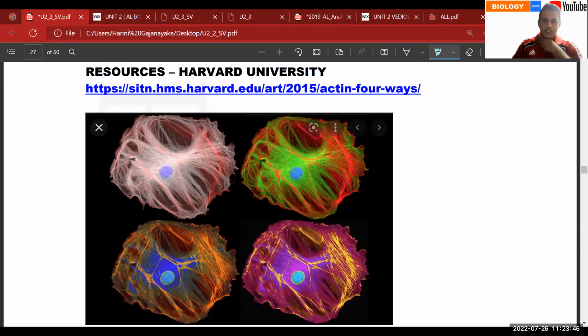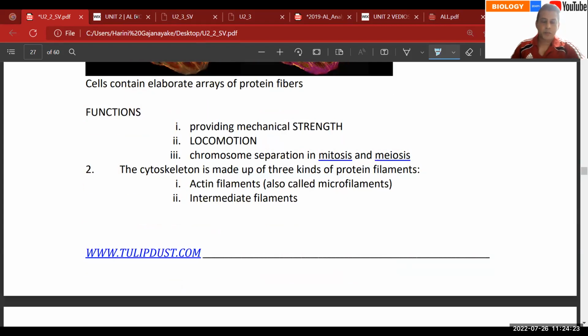You can see the cytoskeleton after staining with a different staining called fluorescent staining. You can see very extensive fibers distributed all over the cytoplasm. It's very close to the cell membrane, and even very close to the nucleus. From the nucleus to the cell membrane, this network is extended. That is the cytoskeleton.